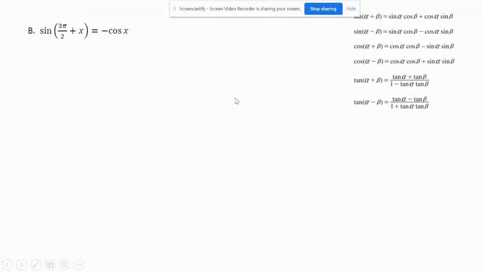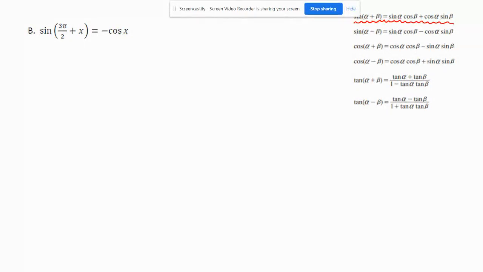Okay, so this is an example. We saw examples similar to this in section 6.2 as well, but we're going to have to use a sum identity for sine. So we have 3 pi over 2 plus x. This is the same thing as one of our sine a plus b identities over here. Okay, so in this case, a is 3 pi over 2 and b is x.